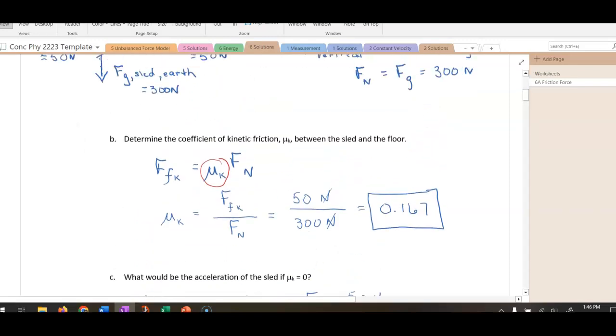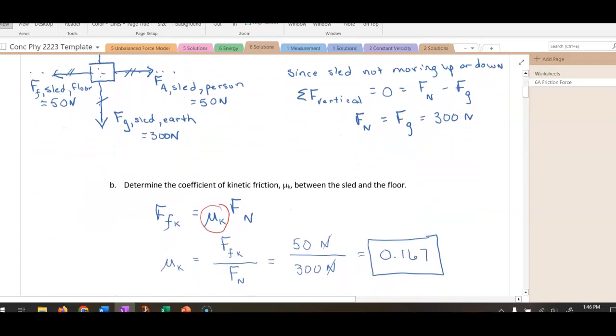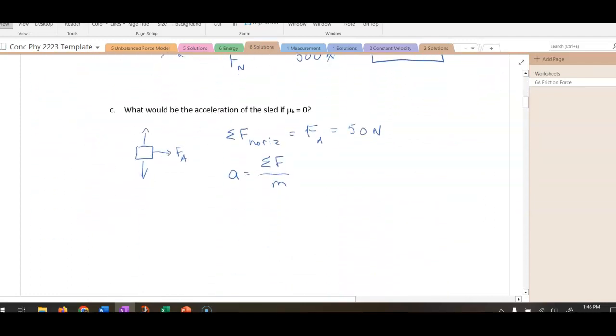Let's see, do I know the mass? I don't know the mass yet. I know the weight of the sled. So the mass of the sled is its weight, 300 newtons, divided by 9.8. And so that is 30.612 kilograms.